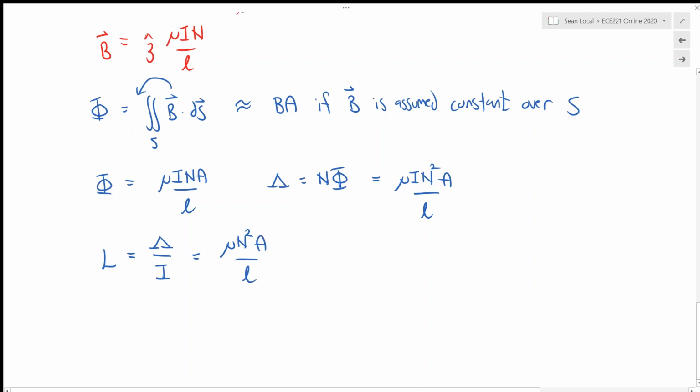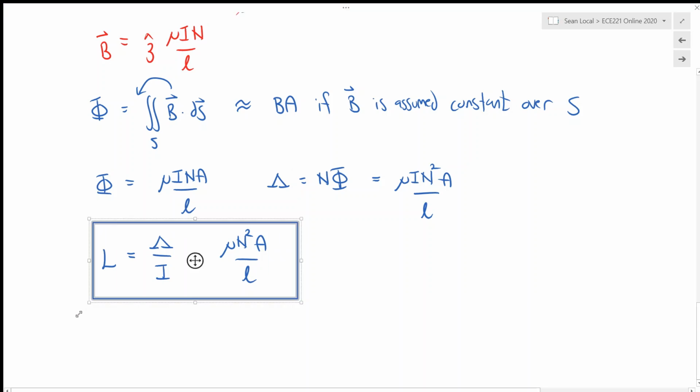This is a very useful expression because it tells us how the properties of the inductor are influenced by the various parameters. So just like we did for parallel plate capacitors, we can say, if the plate spacing increases, the capacitance goes down. If the cross-sectional area increases, the capacitance goes up. So can we do that for inductors? Clearly, if I increase the number of turns in the inductor, the inductance goes up with the square of the number of turns.